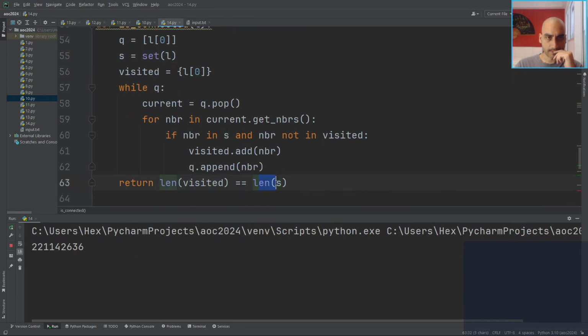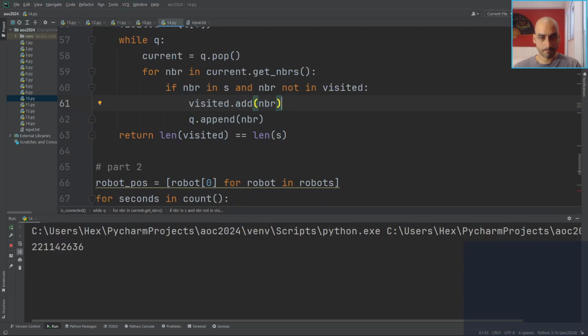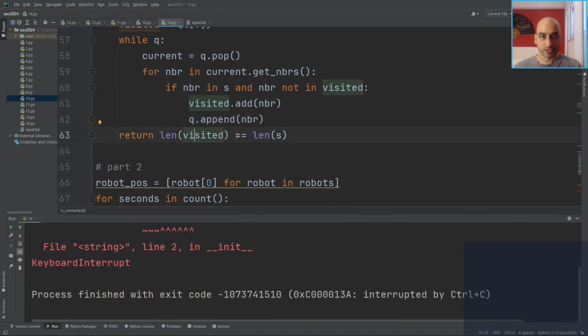Length visited equals length set, which would mean... let me read the description again. Most of the robots. Aha. So we do need to relax it. Let's say length visited is greater or equal to length S over 2.